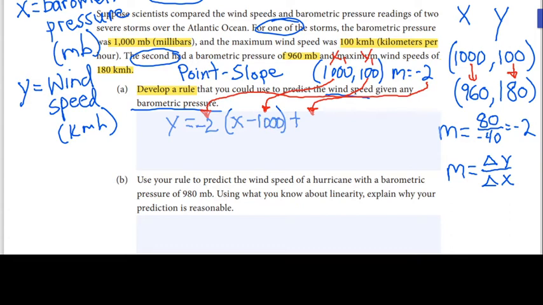And the y1 goes right there. And that's it. That's my formula for this. Erase that, make it look more like a y. The formula is y equals -2 times the quantity x minus 1,000 plus 100.